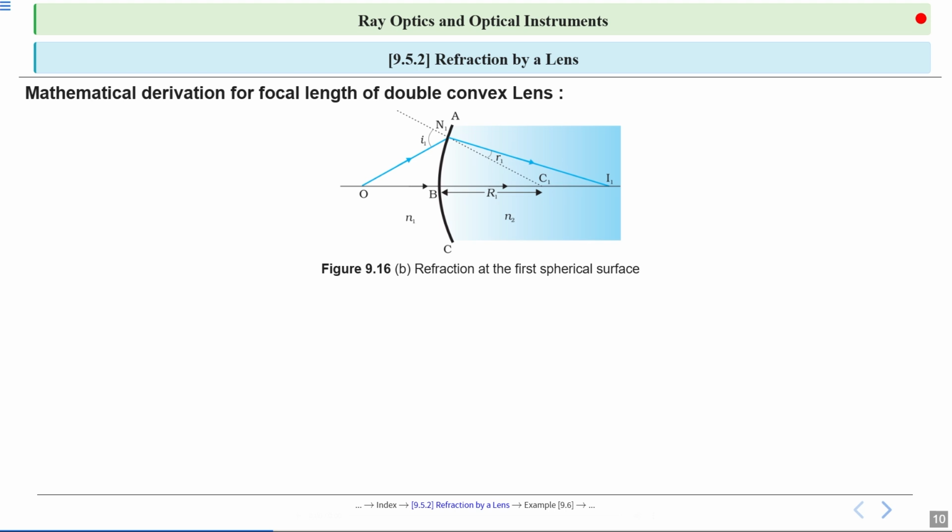We are not considering the second surface here, only refraction from the first surface. Object O is there, and that surface will make the temporary image I1 as shown in the figure.